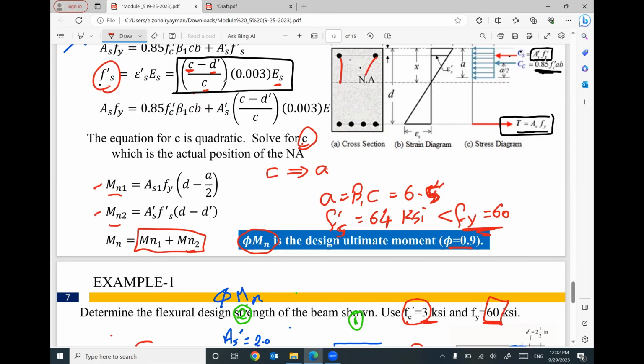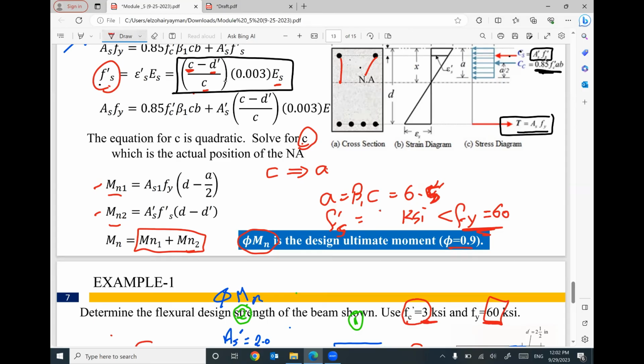And your stress, if you go back here, you must have something less than 60. If you go back here and put C equals 7.6 minus 2.5 divided by 7.6 times 0.003, 29,000, I got 58.